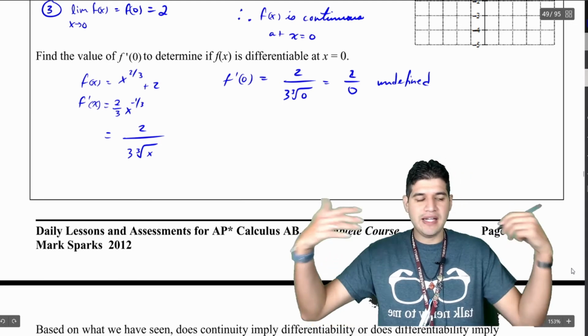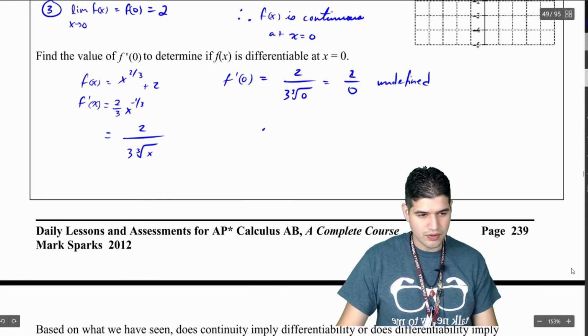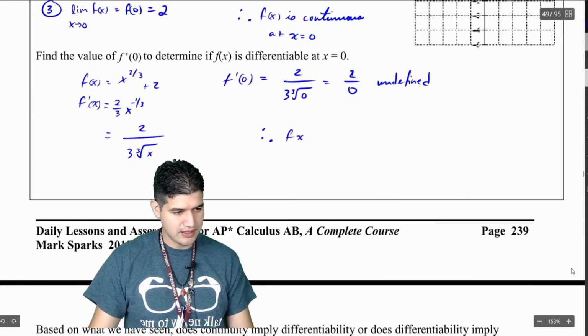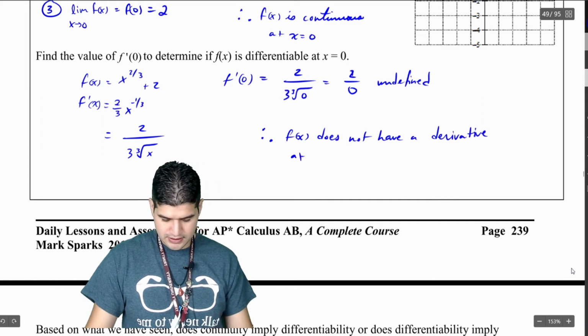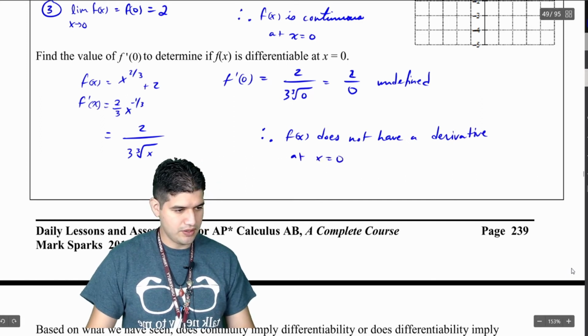And if it's undefined, that means, therefore, f of x does not have a derivative at x equals 0 because f prime of 0 is undefined.